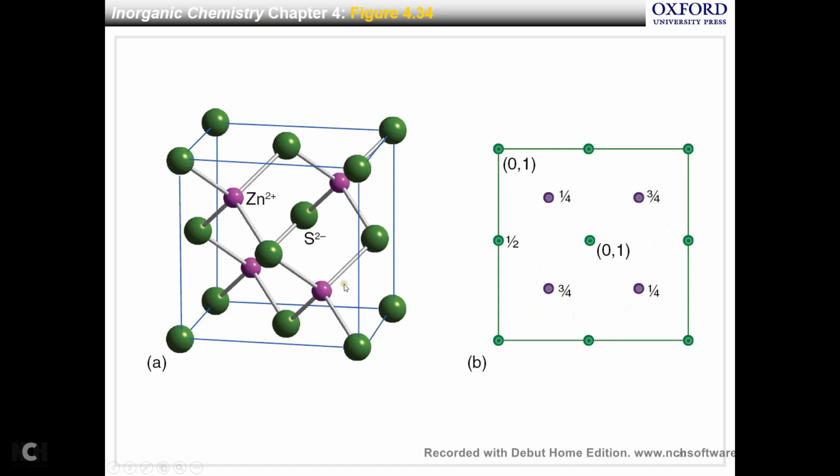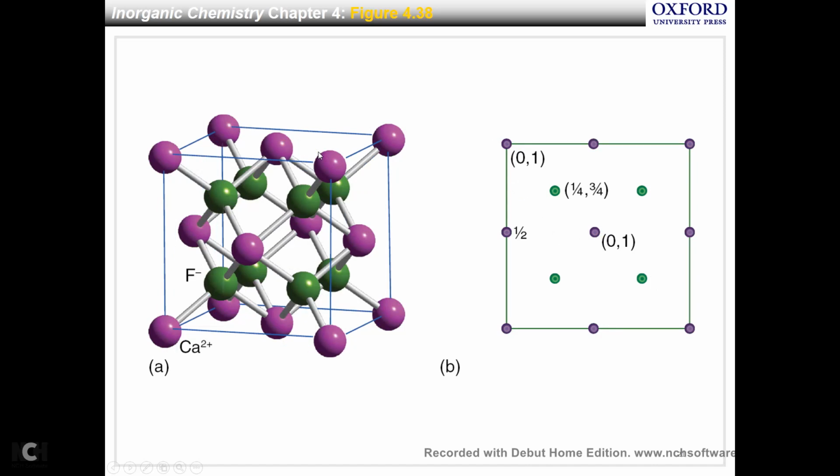Now let's look at sulfur. We have many sulfur, but if we look at these 2 sulfide anions, they are here, 0 C and 1 C over here. And then you can look at the middle one. You have 0 C, you have 1 C.